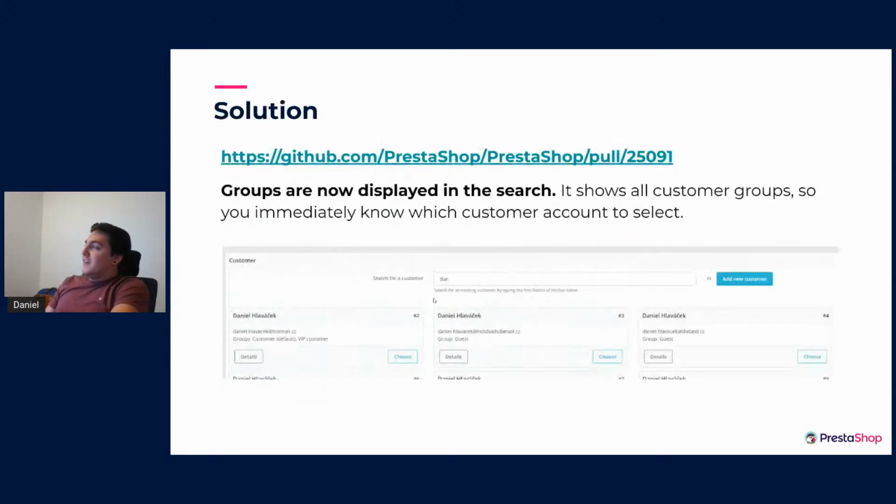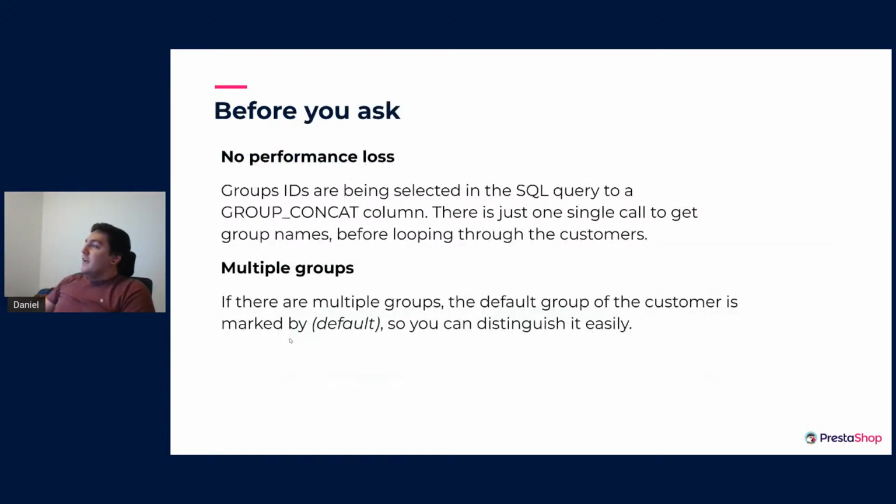So I decided to add the customer groups, so you can finally see which customer to choose, and you don't have to think about it at all. If the customer has more groups, there's a default word in brackets, so you immediately see which one of the groups is the default one. There is no performance loss. I just made it so it's joined in one column during the database query.